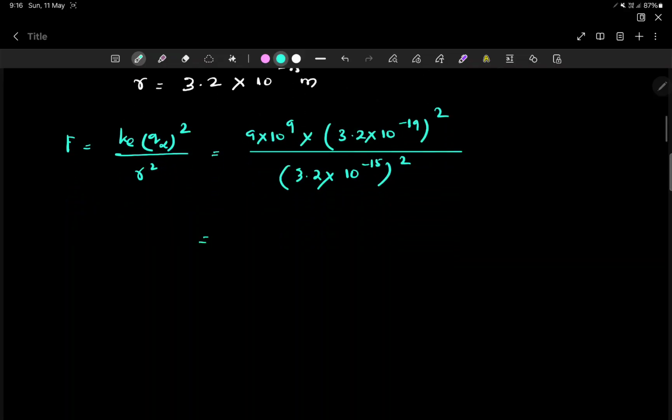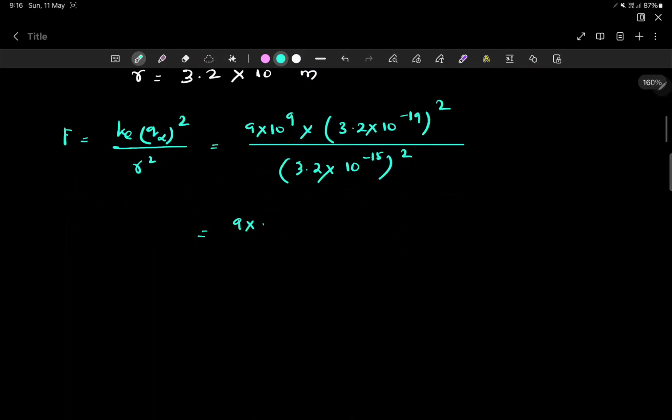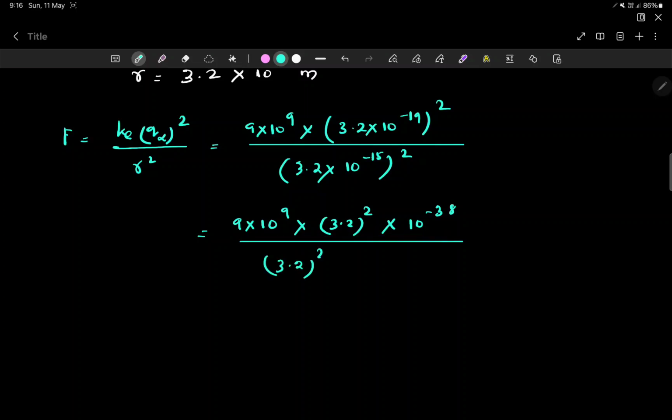So we can solve it in this way. We can write 9 into 10 to the power 9 into 3.2 whole square into 10 to the power minus 19 to the power 2, that is minus 38, divided by 3.2 whole square into 10 to the power minus 30. So the 3.2 whole squares we can cancel.